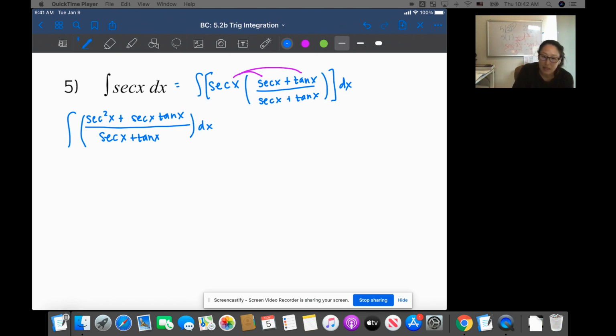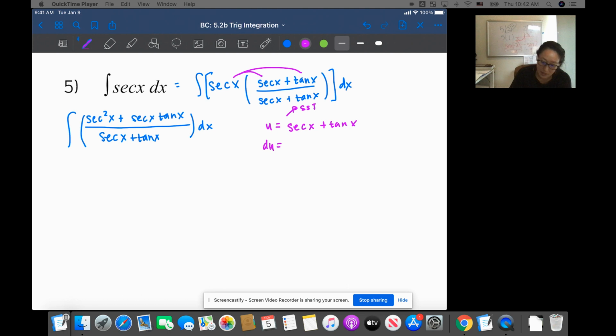Okay. And next we need to choose our u. And I remember that the derivative of secant is secant tangent, and the derivative of tangent is secant squared. And I'm like, oh, secant tangent and secant squared. I'm going to make this bottom part equal to u, because when I take the derivative of that, I get the numerator.